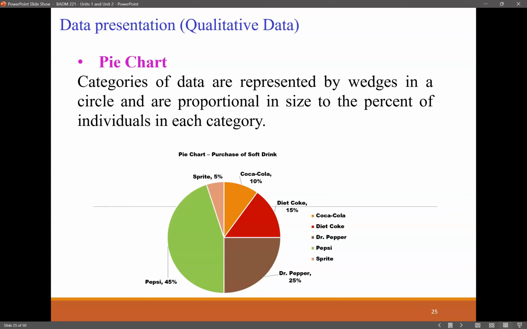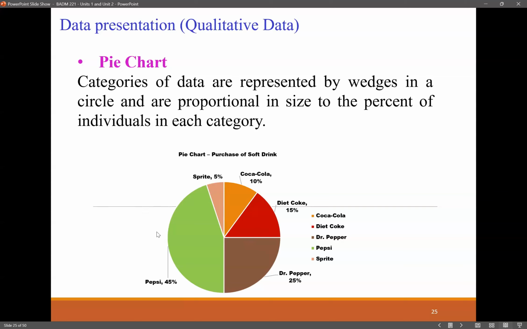We have data we already learned, based on different brands of soft drinks. The same data we represented here. So we could calculate that Dr. Pepper is 25%, Pepsi is 45%, Sprite is 5%, and Coca-Cola and Diet Coke is 15%.